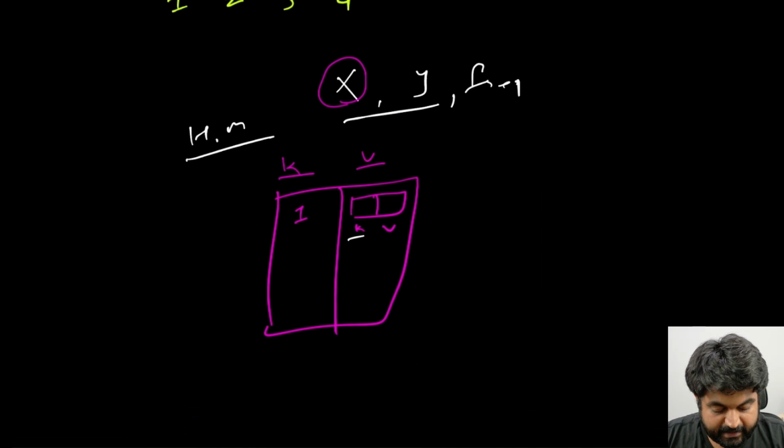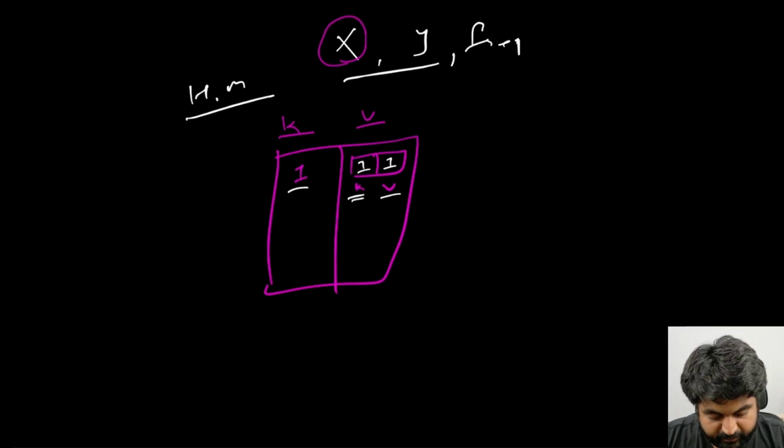So basically this is going to be value 1, and the value is going to be the frequency of y coordinates occurrence, because we already have the frequency of x coordinates occurrence. We only need to keep track of how many times the same y coordinate occurs for the same x coordinate. So in this case the frequency is also going to be 1, so we can store that information.